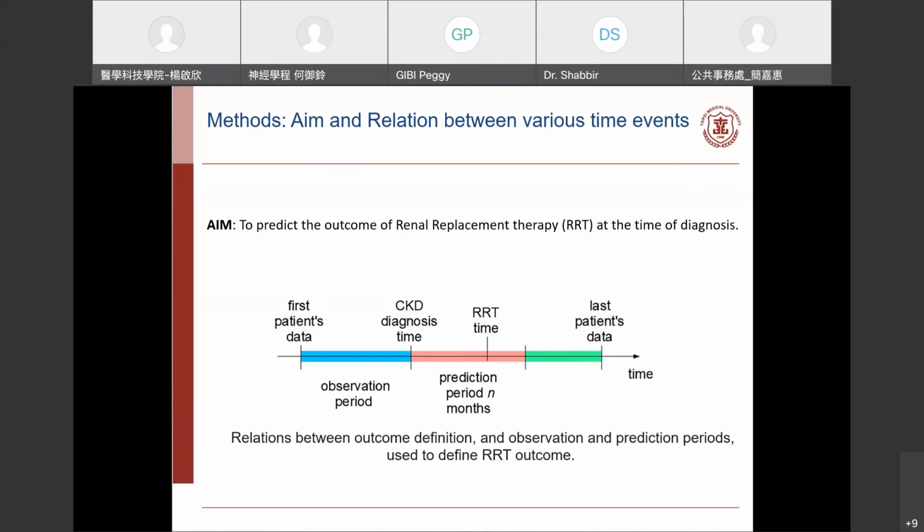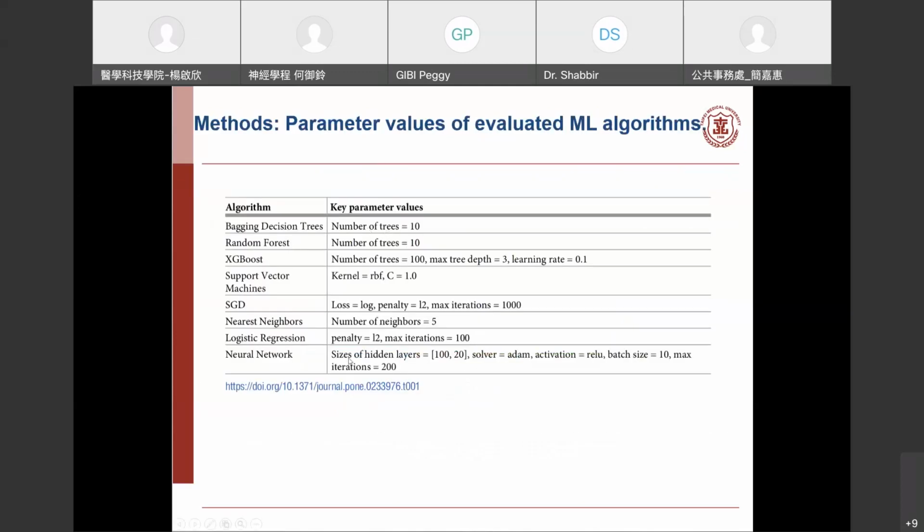For each of the 3 values of n, if hemodialysis or kidney transplant occurs within those n months, the patient is labeled as 1. Otherwise, 0. Then, when predicting the patient's outcome, only data prior to CKD time is taken into account. So this is exactly how it works.